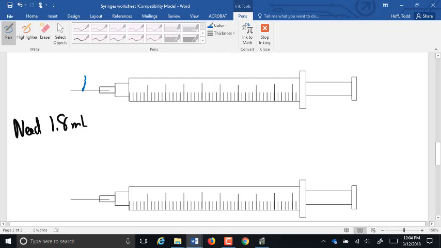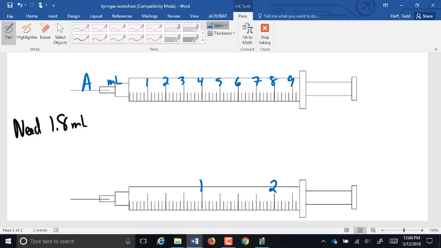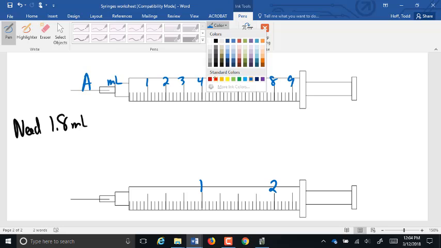I have syringe A up here that is labeled like that, or syringe B, which is labeled like that. Which one do I want to use?